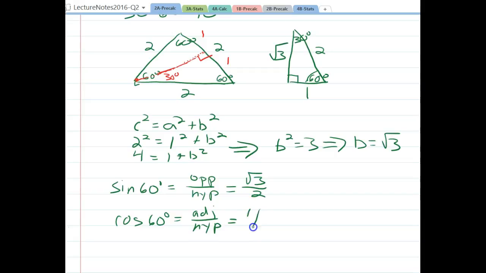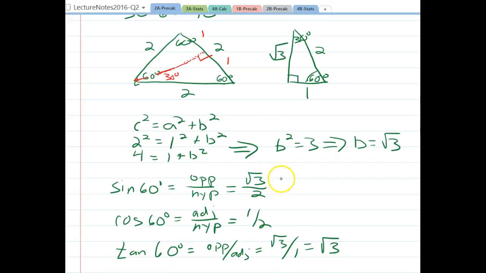Cosine of 60 degrees is going to be the ratio of adjacent over hypotenuse. That's going to be 1 over 2. There's my adjacent, there's the hypotenuse. And then tangent of 60 degrees is opposite over adjacent. And that would be the square root of 3 over 1, or just the square root of 3.